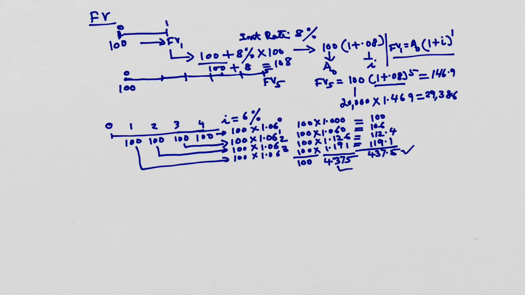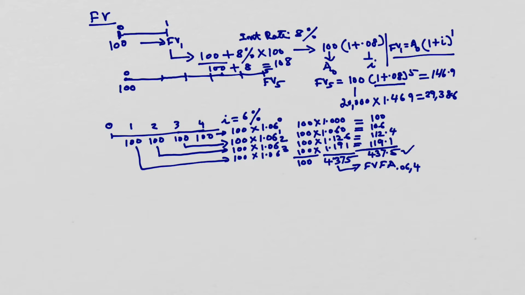Now this is called the future value factor for annuity, or you can write it as future value annuity factor, whichever way. To clarify the rate and the number of years, in this case the rate is 0.06 and it is for 4 years.